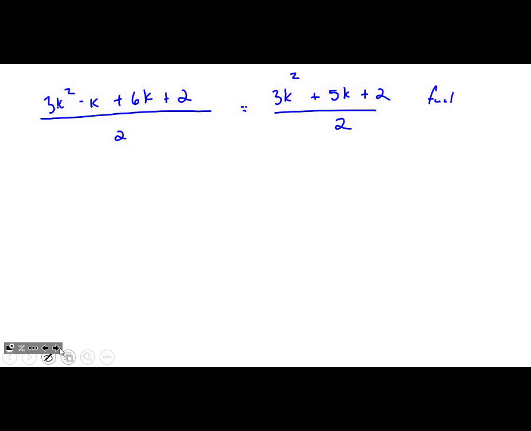And now if I factor, with the 2 in the bottom, this 3k squared plus 5k plus 2 factors into 3k plus 2 times k plus 1 over 2.